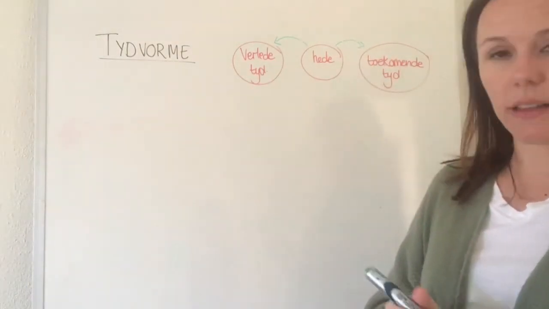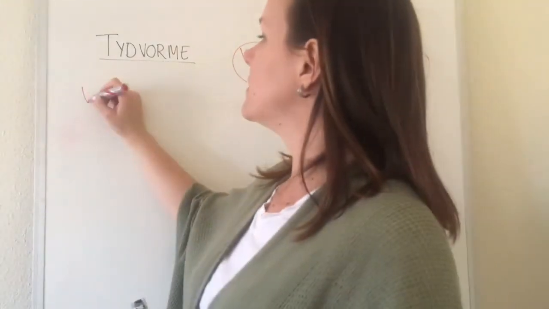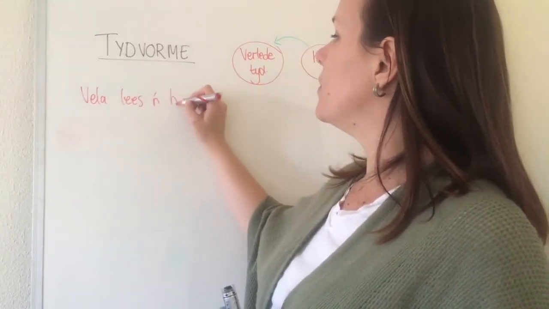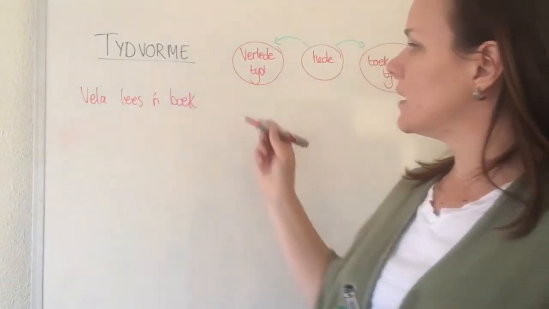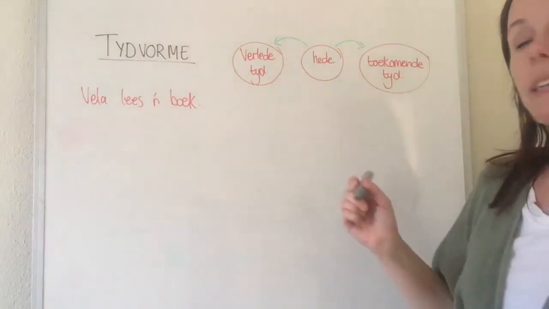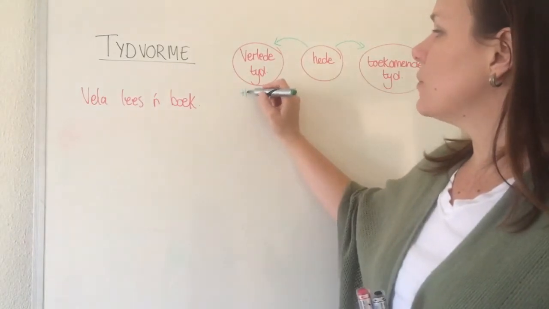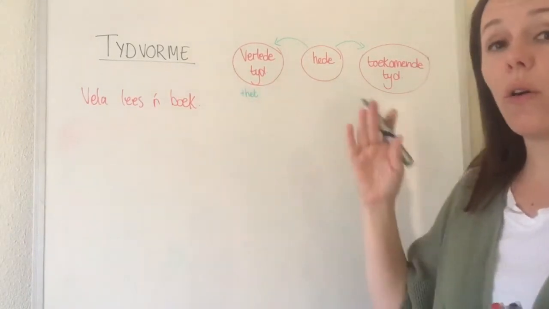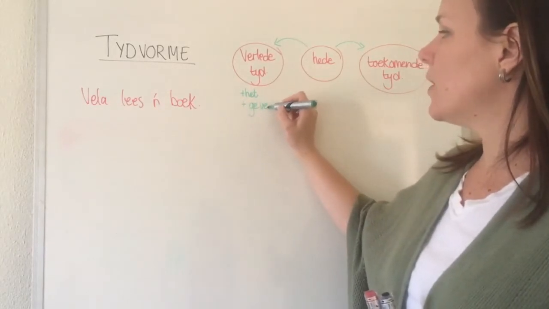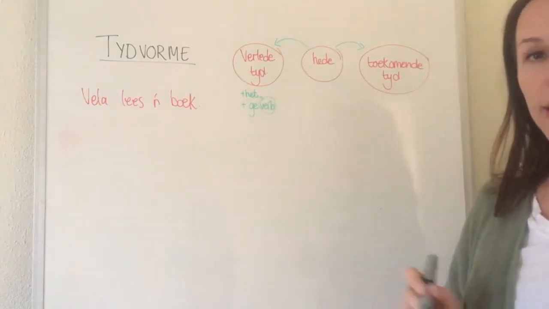It will still happen. Now, if I have a sentence like this, Vela lees 'n boek. There is a very plain present tense sentence. If I write it into the past tense in the normal way, remember that we add het after the subject, then we add ge to the verb, and the verb goes to the end of the sentence.